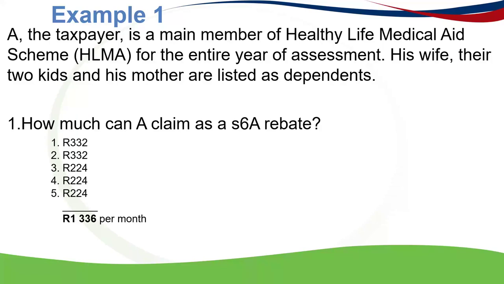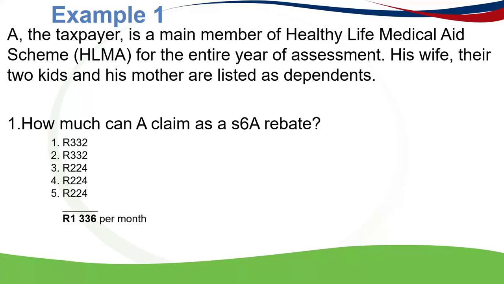Remember, the question was, how much can A claim as a Section 6A rebate? So if you want to put that out in months or years of assessment, you would have to look at it in the following manner. So it's 1,336 per month contributed.